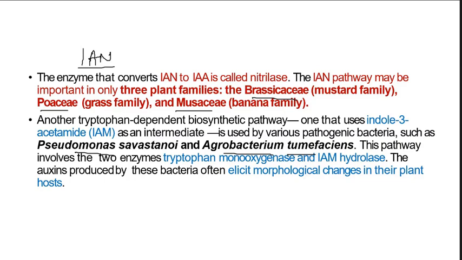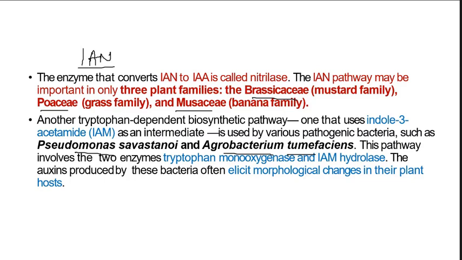But in the TAM pathway the first two steps are reversed. What happens in the TAM pathway is the first step is decarboxylation, then deamination, then it is the same. Decarboxylation, then through dehydrogenation it will produce IAA.